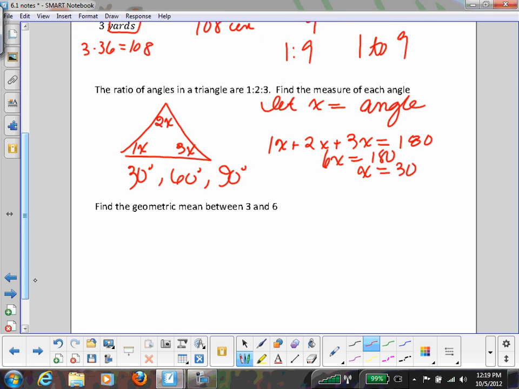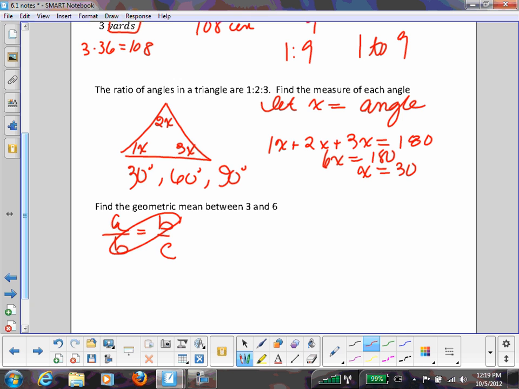All right. So remember, we said the geometric mean is a comparison. A over B equals B over C, where this B is your geometric mean. So if I'm saying find the geometric mean between 3 and 6, I'm letting A and C be the 3 and the 6.